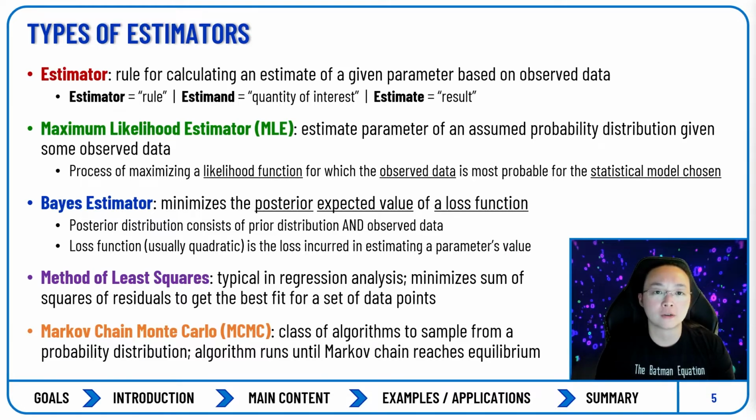So we're going to be focusing on that for the rest of this lecture. Outside of this, I do want you to know that there exist other estimators as well. One of the most common ones is Bayes estimator. Bayes estimator basically helps to minimize the posterior expected value of a loss function.